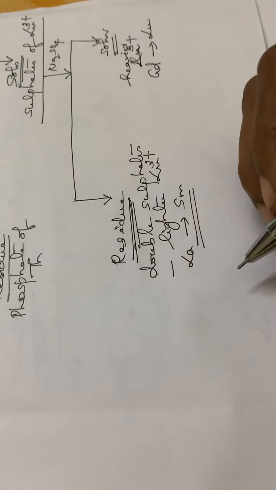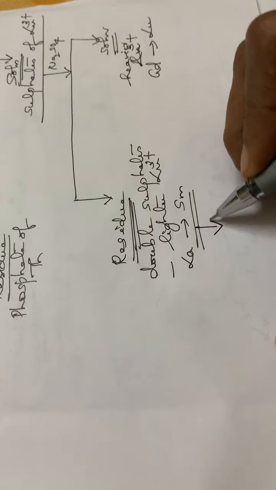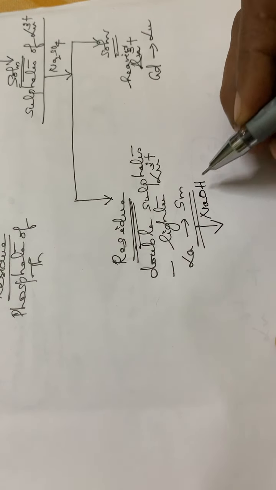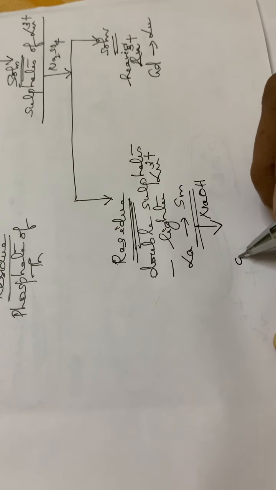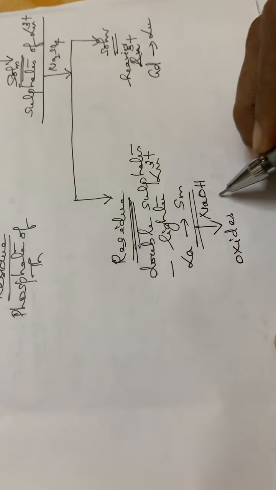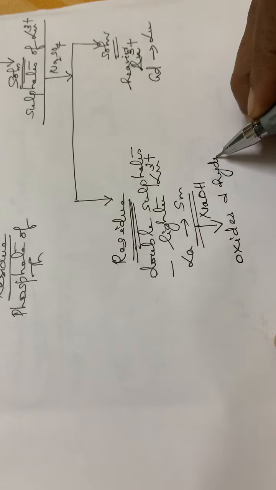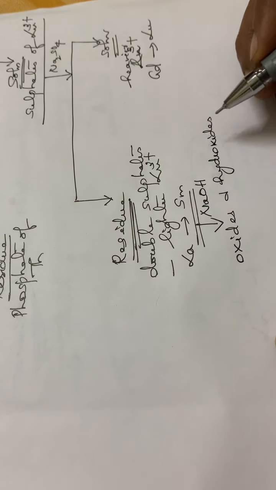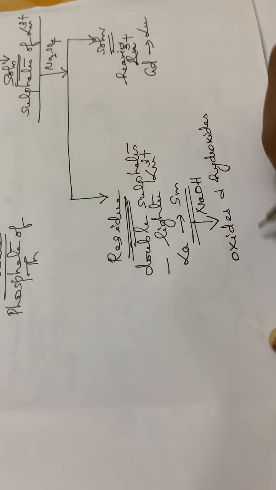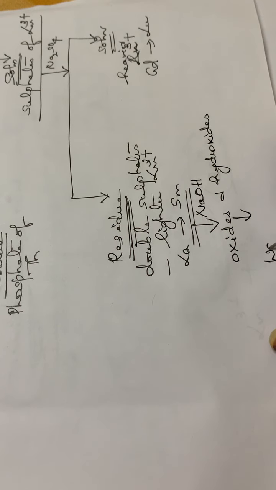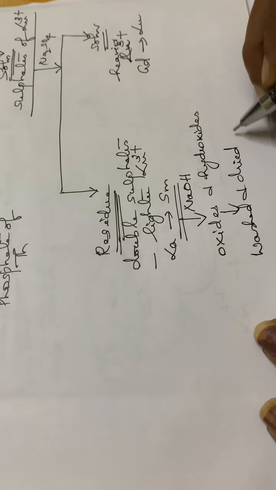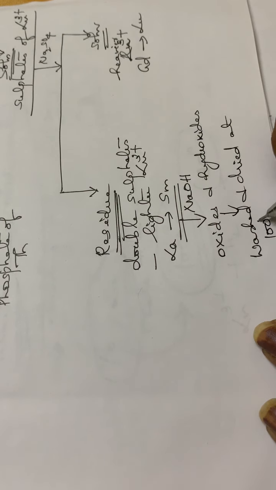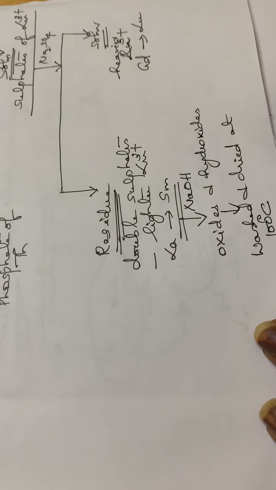Again, the lighter lanthanides are treated with NaOH. When treated with NaOH, they convert to oxides as well as hydroxides. Then these oxides and hydroxides are washed and dried at 100 degrees Celsius.